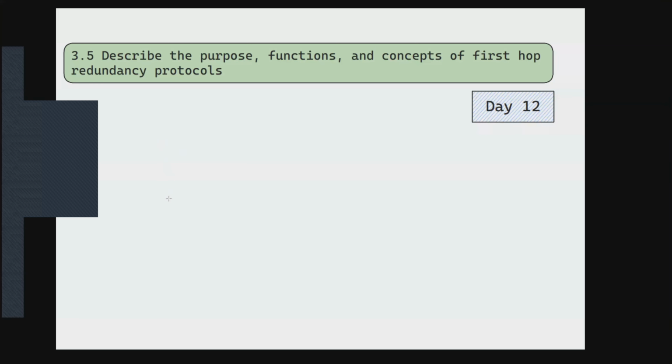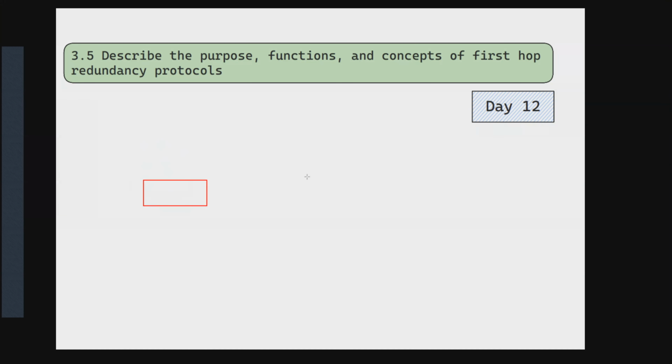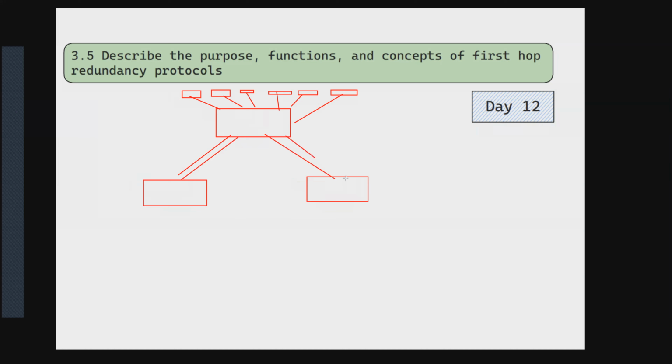If you check our topology, we have distribution layer switches connected with access layer switches, and the access layer switches are connected with different types of PCs, servers, etc. Let me draw the topology. You have aggregation, like multiple links bundled together, connected with the uplink.